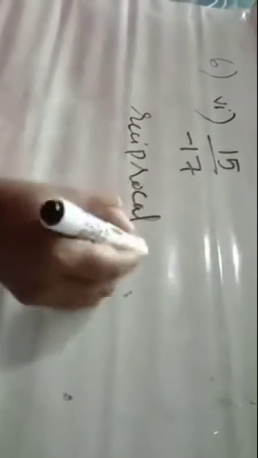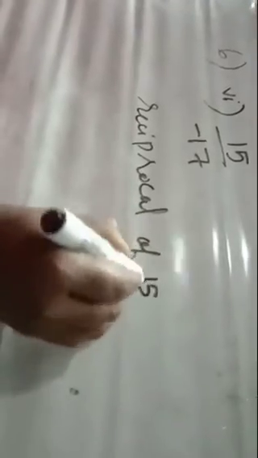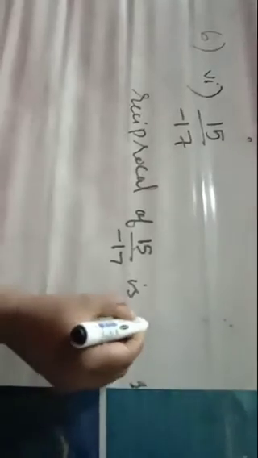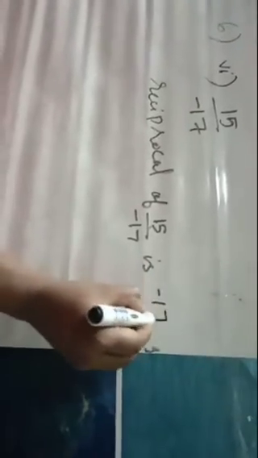What is the reverse or inverse or reciprocal? The reciprocal of 15 by negative 17 is, just reverse it, minus 17 by 15.